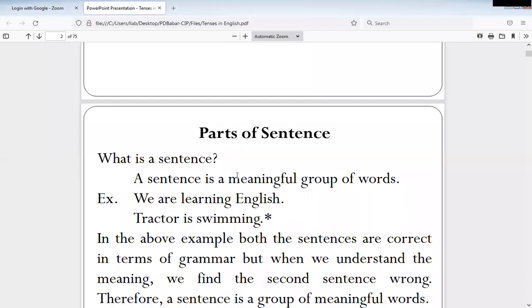So let me share the screen. Is the screen visible to all of you? Yes, sir, visible. Okay, so let's start.